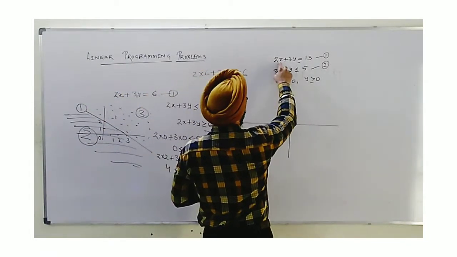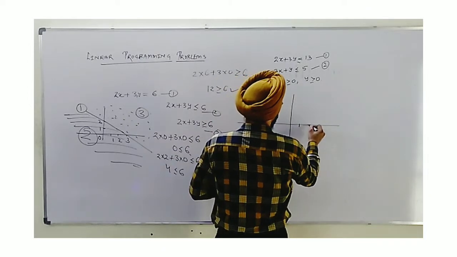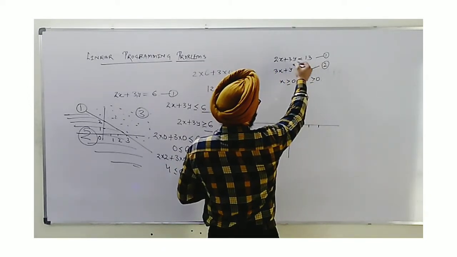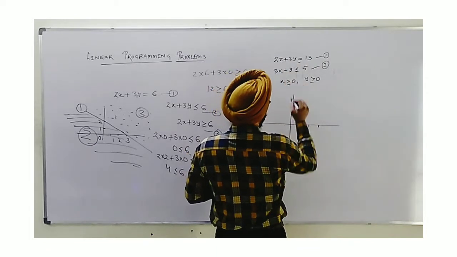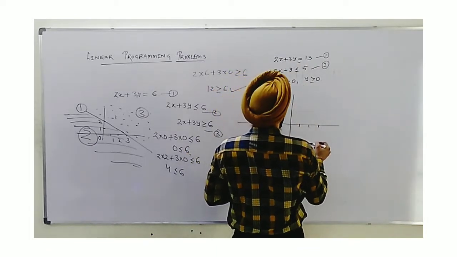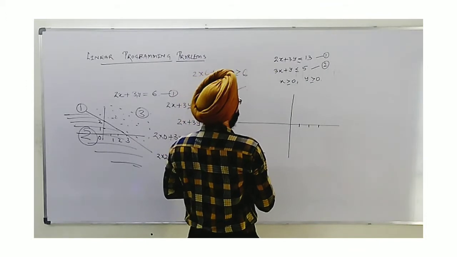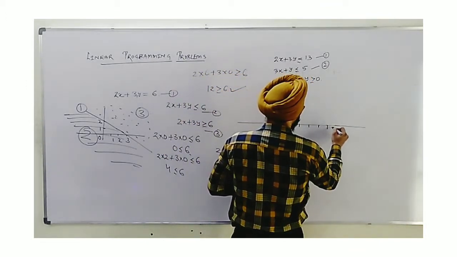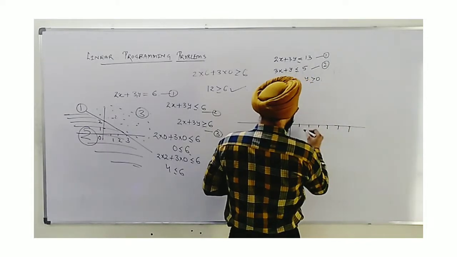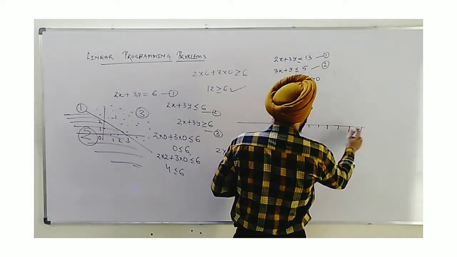Like randomly I am taking here x equal to 0. Y comes to 13 upon 3. If I take y equal to 0, then x is 13 upon 2. 13 upon 2 is exactly 6.5. So we will get here this pattern 1, 2, 3, 4, 5, 6 and this 0.5.